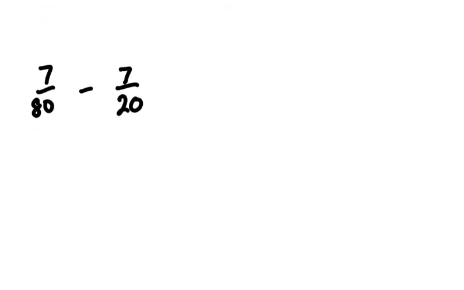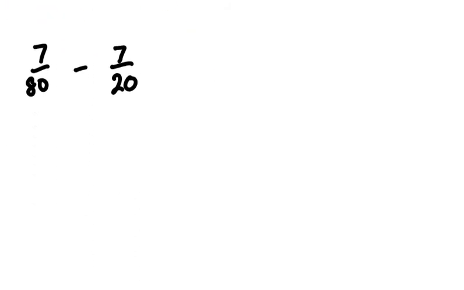For the next one, 7/80 minus 7/20. I wouldn't cross multiply here because I get big numbers, so I'm going to multiply this one on the left by 4/4. Where do I get 4 from? Because 20 goes into 80 4 times. So if I multiply this by 4/4, I will get the following fraction.